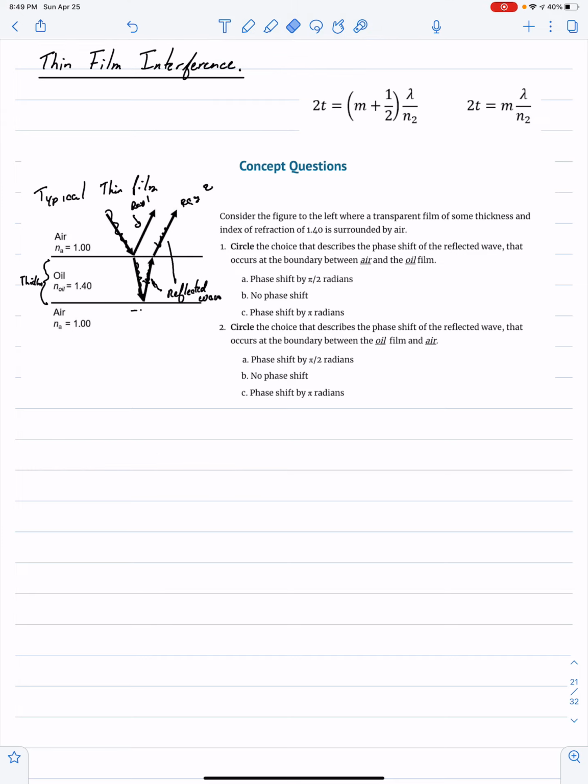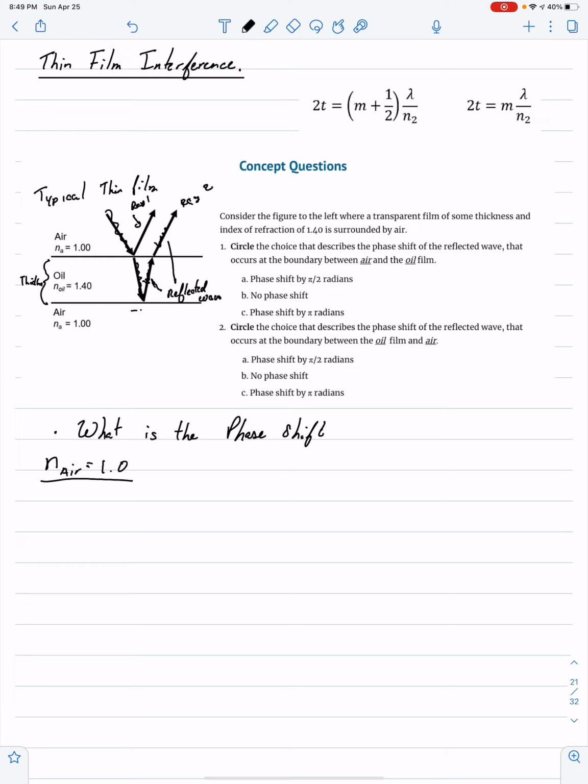The way that we identify that is, first of all, let me write the question: what is the phase shift? Pay attention to this one. It will serve you well. We have the index of refraction, which is 1.